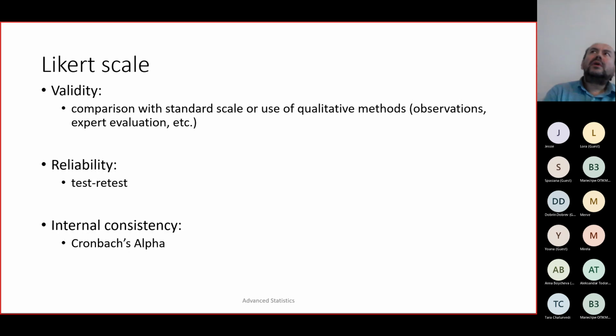We have to be sure, for example, if we want to measure motivation, that all statements measure motivation. And the usual, most popular way to measure this internal consistency is the so-called coefficient Cronbach's alpha. And we have enough data to measure internal consistency.